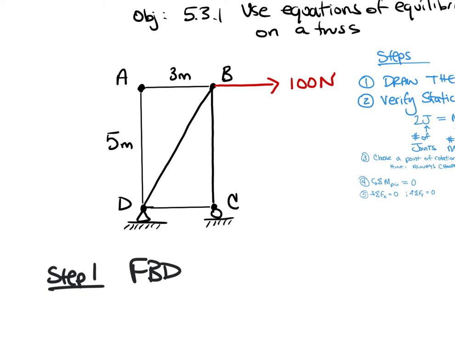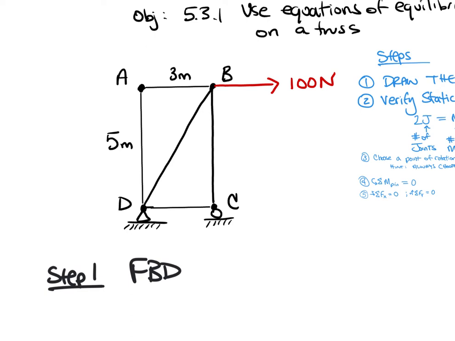What information is given to you, I guess, is another way to ask it. The length of the members. So I see that member AD has a distance of 5 meters. Member AB is 3 meters long. What other information is given?